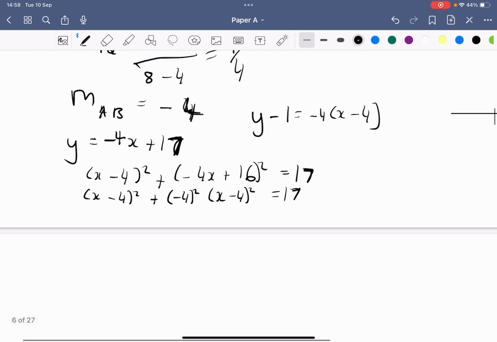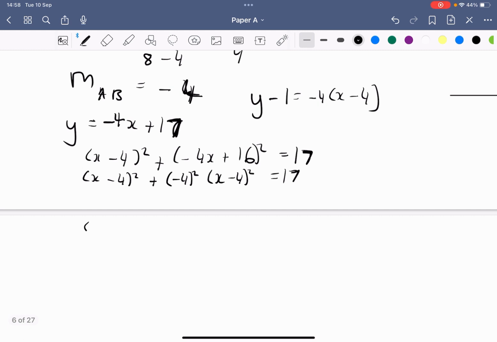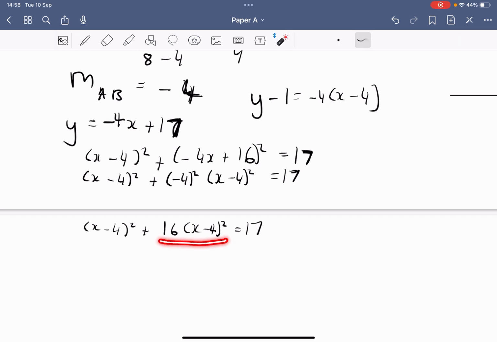Now we have x minus 4 squared plus 16 x minus 4 squared equals 17. If we add these two up, we get 17 x minus 4 squared equals 17.